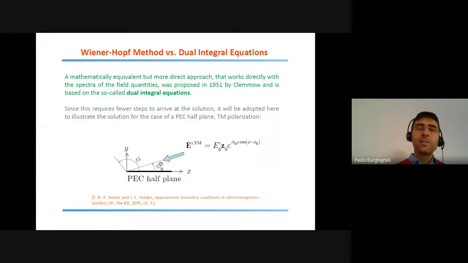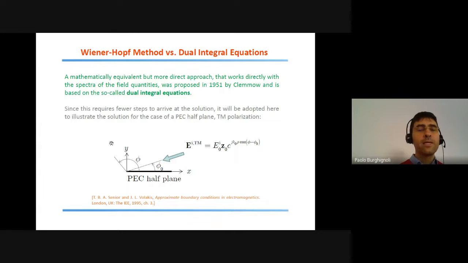And phi 0 is the incident angle, so that the exponential of the incident plane wave can be written in polar coordinates, as you can see here, e to the j k0 times rho times the cosine of phi minus phi 0.